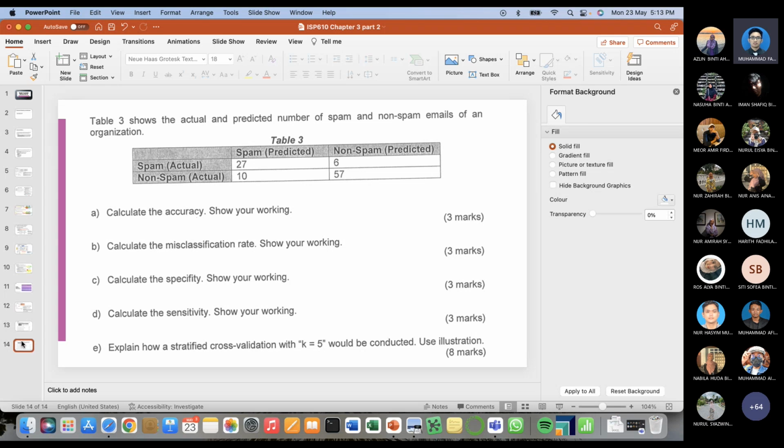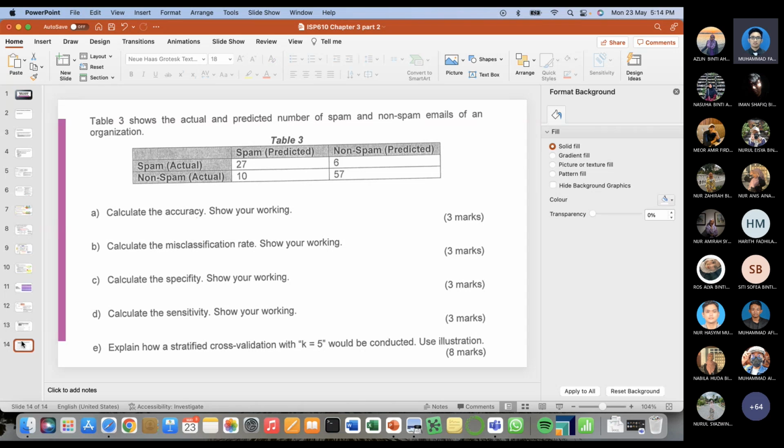Okay, this one is the last slide. So do you have any question? Okay je kot, saya rasa sebab rapid minor pada cross validation confusion matrix ni you all dah belajar kan waktu data mining.